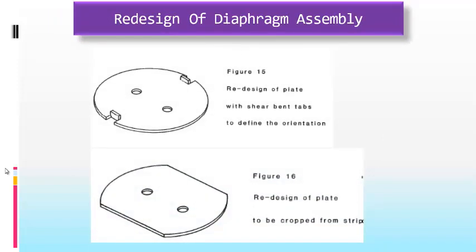Another way of redesign, because this plate with two holes is very difficult to assemble, to be oriented to the machine. But now, if you look at the design on figure 15, where it has two edges up, that means it can be easily fit, and with these features you can find out the position of it.